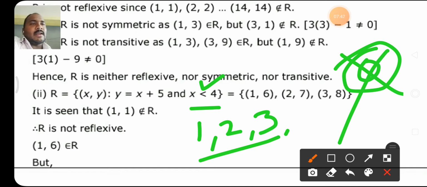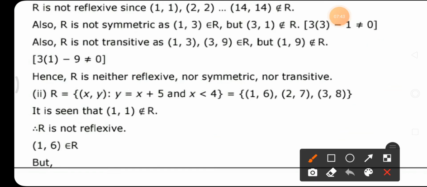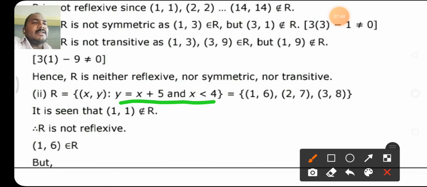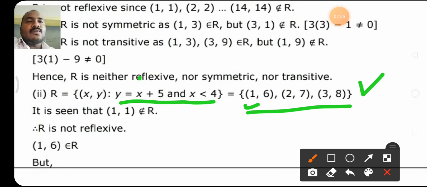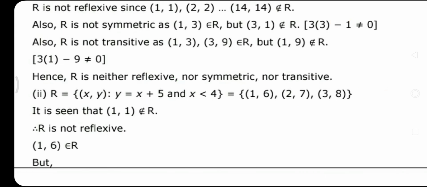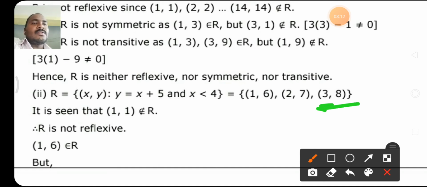Here, by using the given set of natural numbers and these conditions, we define the relation R like this. x is equal to 1, y is equal to 1 plus 5, which is 6. Again x is equal to 2, y is equal to 2 plus 5, which is 7, and x is equal to 3, y is equal to 8.